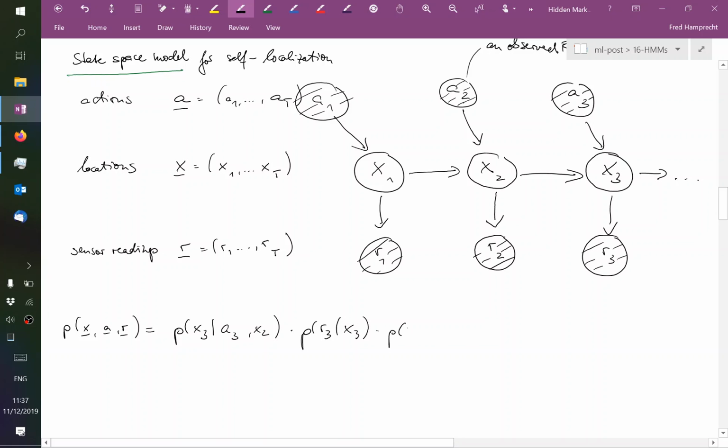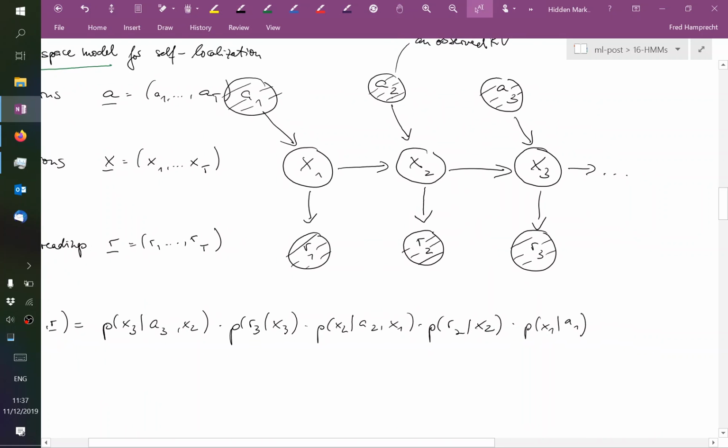Then we have the probability of x2, that depends on a2 and x1, and the probability of r2 given x2. And finally, we have the probability of x1 given a1 and nothing else. And the probability of r1 given x1 and the probability of a1. Okay, this was explicit.